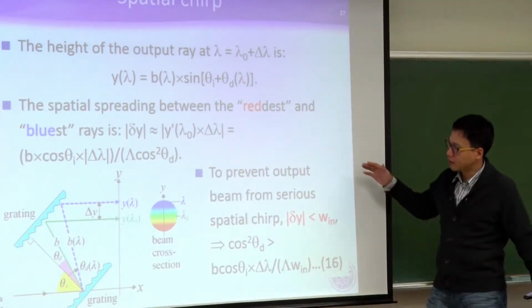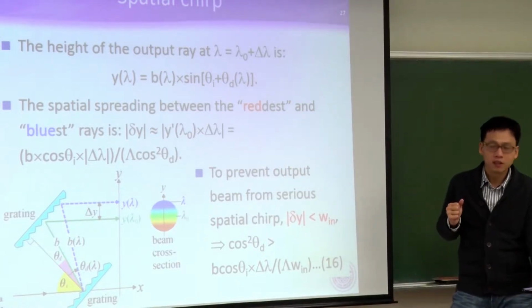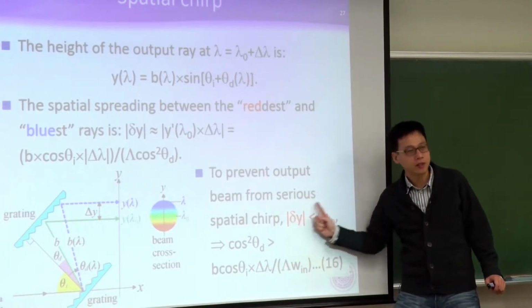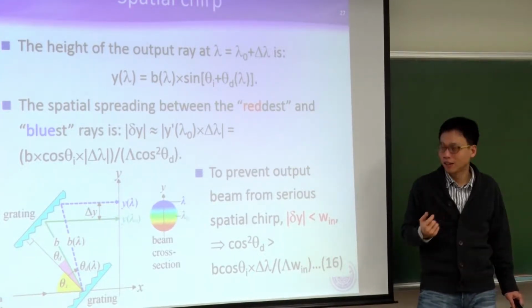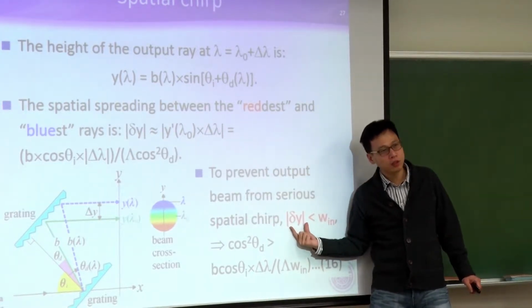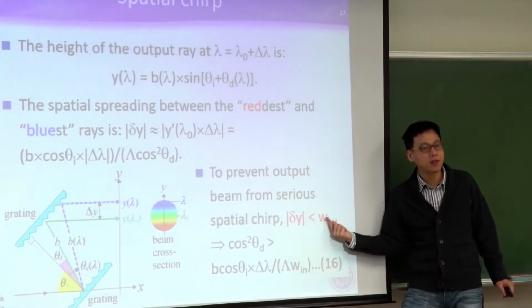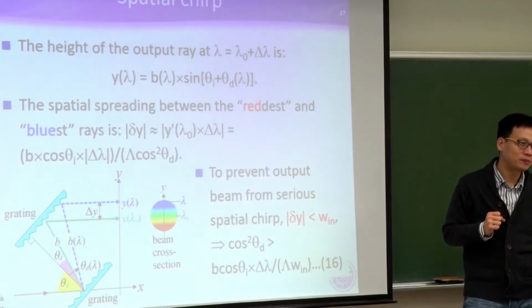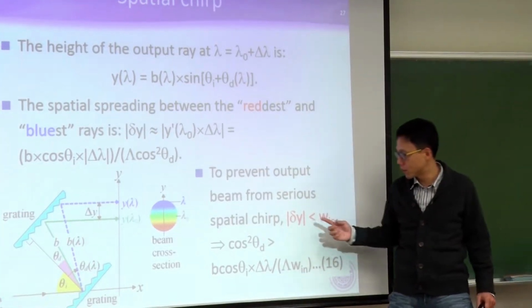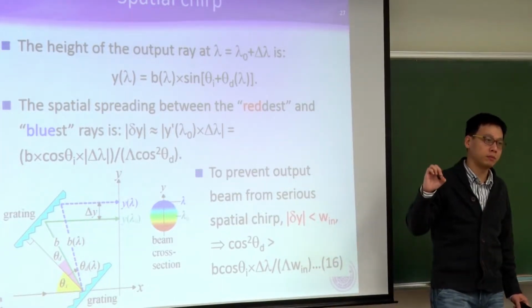And to prevent output beam from serious spatial chirp, this condition has to be satisfied. And what is the meaning? The spatial spreading due to spatial chirp has to be smaller than this number. This is the beam diameter. Okay, so you have to compare your spatial spreading with your original beam diameter.